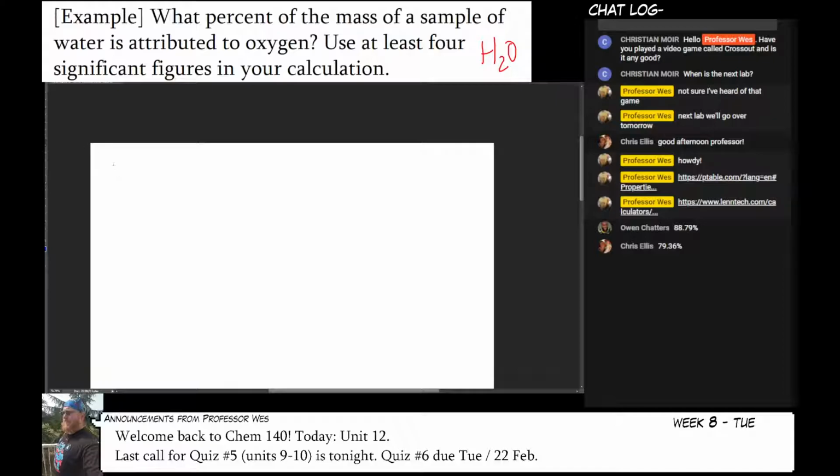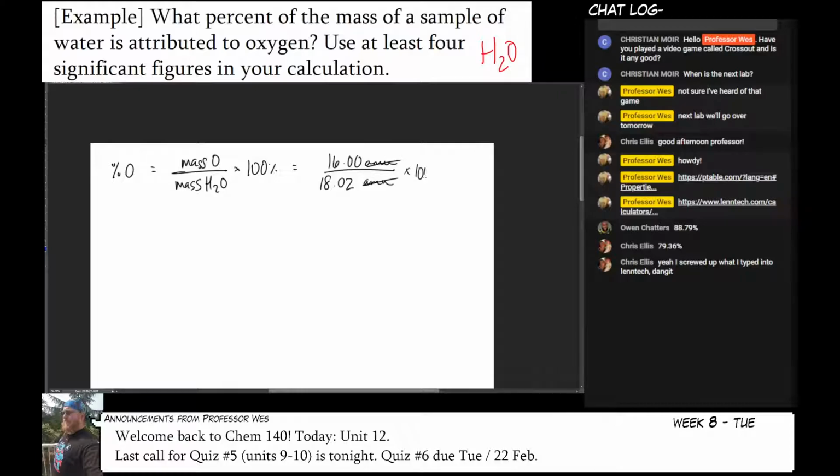So the percent by mass of oxygen would be the mass of oxygen divided by the mass of H2O times 100%. So that would be 16 AMU divided by whatever water was, which was 18.02. You'll notice that these cancel out.